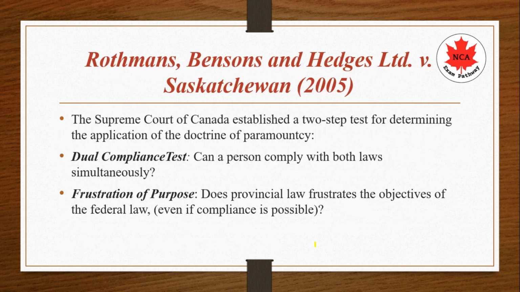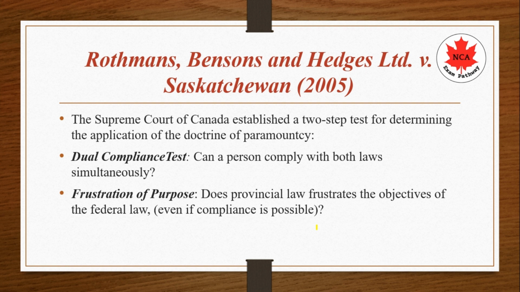The case of Rothmans, Benson and Hedges Ltd. v. Saskatchewan, 2005 is a significant illustration of the doctrine of paramountcy in Canadian constitutional law. This case involved a conflict between a federal law and a provincial law regarding tobacco marketing and regulation.